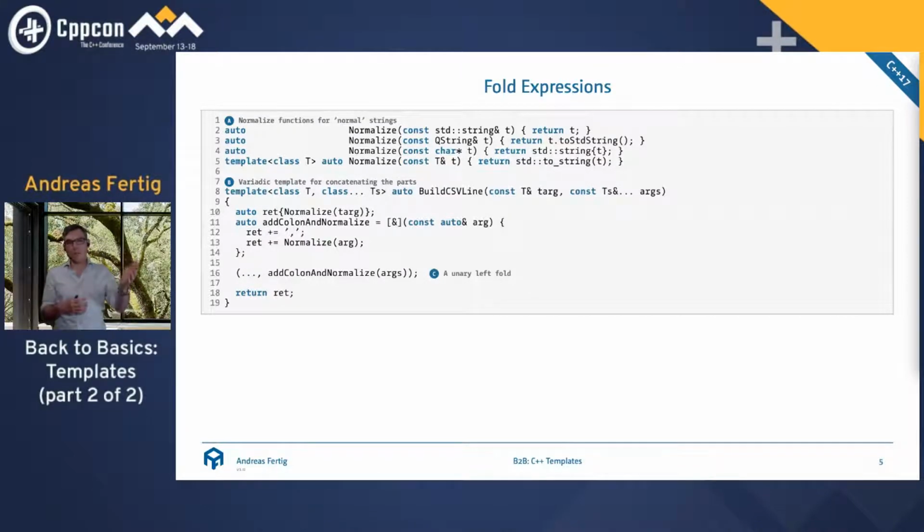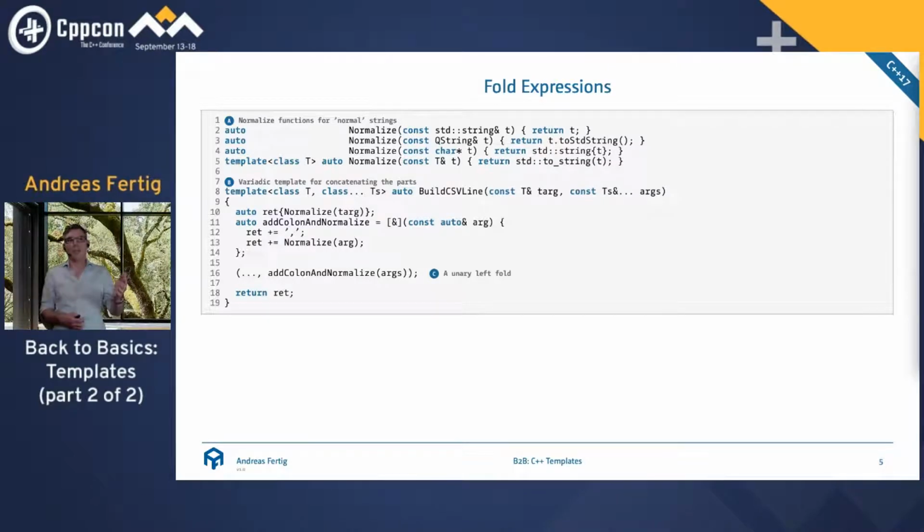We have the normalize functions, which convert probably everything into a std string. If you figure out that you have a type that isn't convertible to a std string, you have to write your own conversion function of normalize. But suppose we have that, then the pattern here is the same. I'm creating in line number 10 the return variable ret. I call normalize here on the first argument. I expect that normalize returns a std string. So I use auto here to deduce the type of the variable ret.